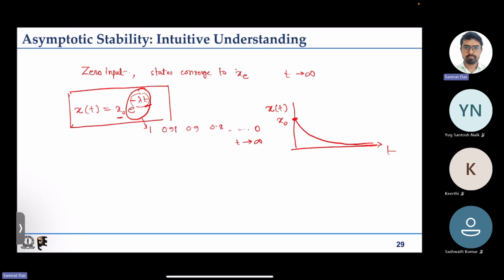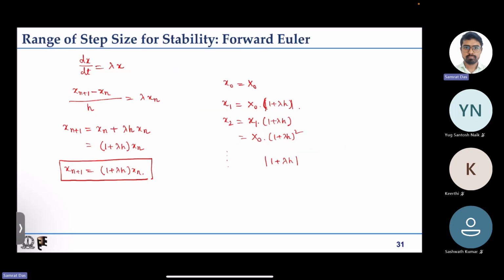So in general this lambda could be complex, that is why I am taking the modulus of that, and this thing should be less than 1. Now if it is less than 1, then this tells us that it should be between these ones. Now let us evaluate these two inequalities separately.